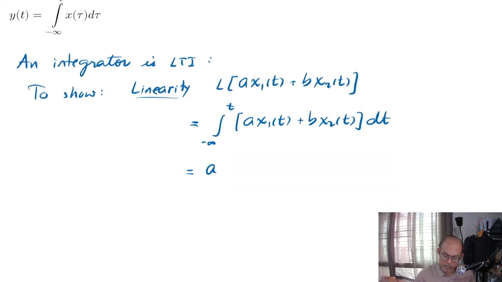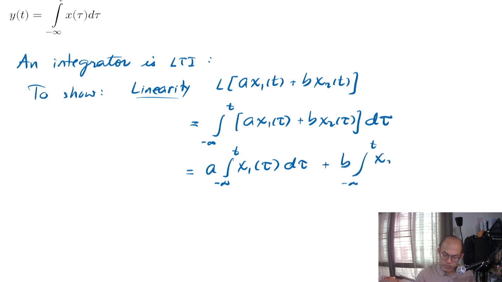So we have an integration from minus infinity to t of a x1(tau) d tau, actually I have to replace it with tau, plus b times the integration of x2(tau) d tau.